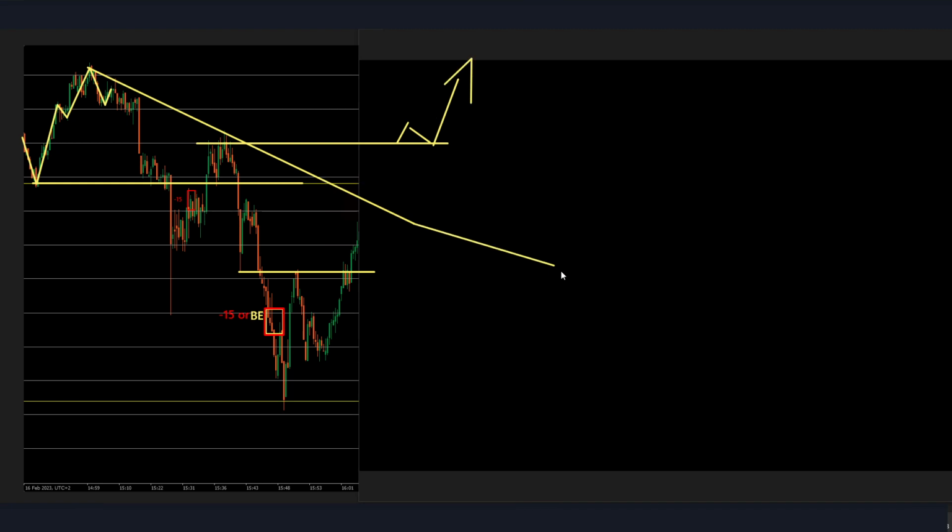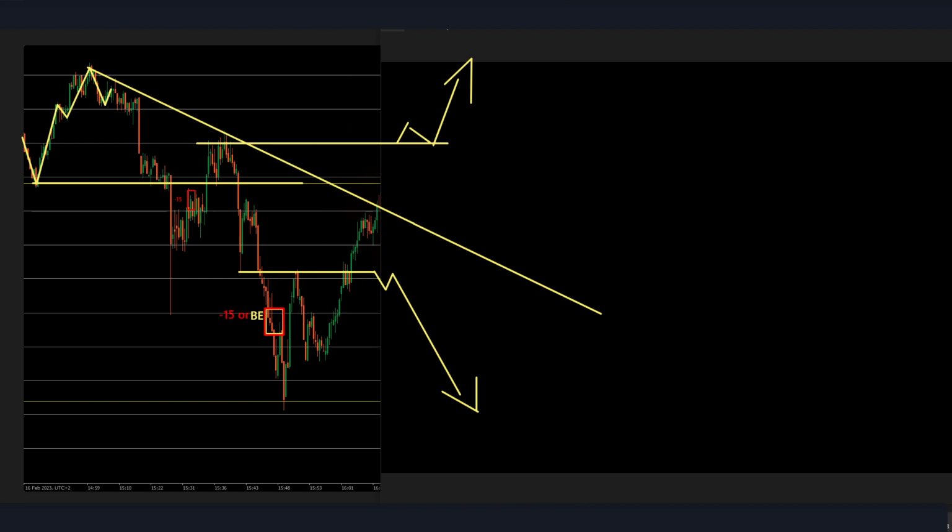Otherwise, we are still keeping this trend line intact, I would say. But let's see if we see a break test below over there. Yeah, now it's breaking above, but failing to break above.